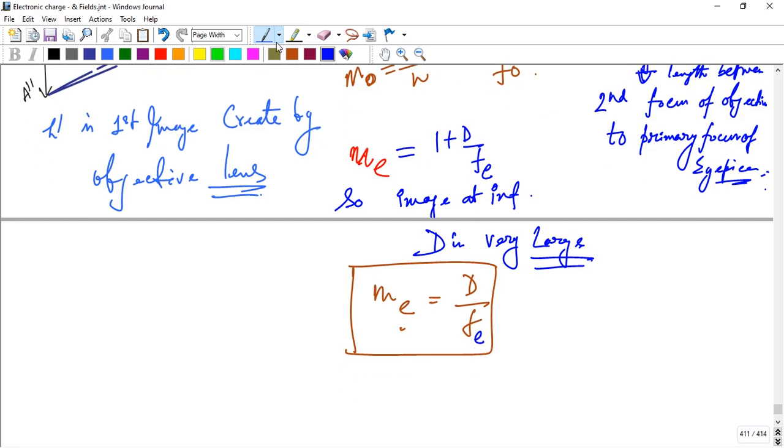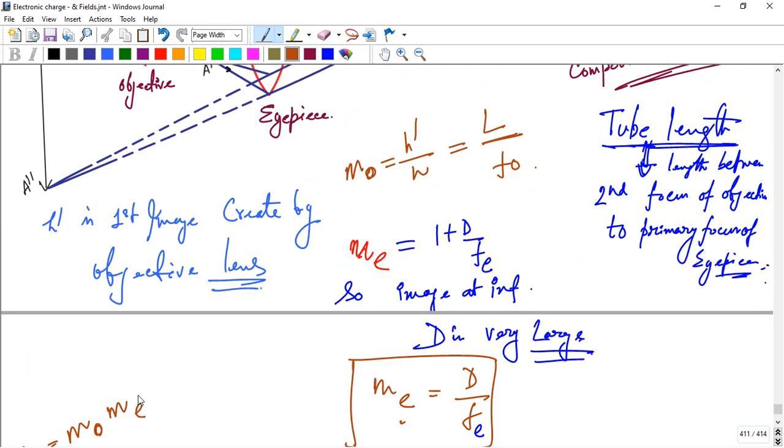Now in the previous class we discussed the magnification when two thin lenses are in contact. Magnifications should be multiplied. So the effective magnification is equal to the magnification of the objective lens times the magnification of the eyepiece lens.